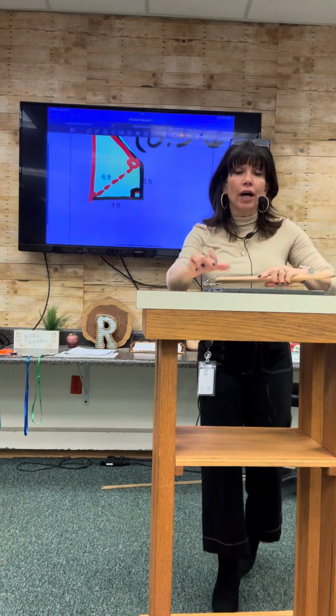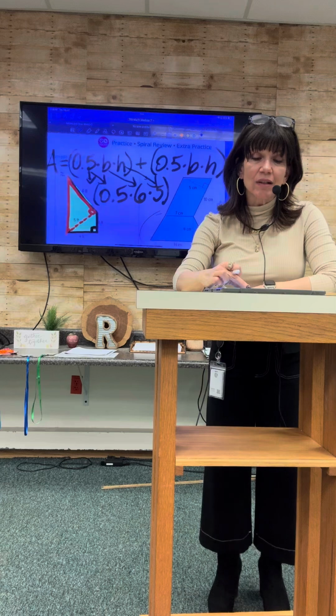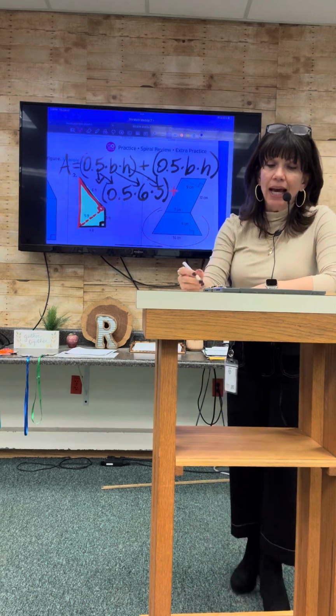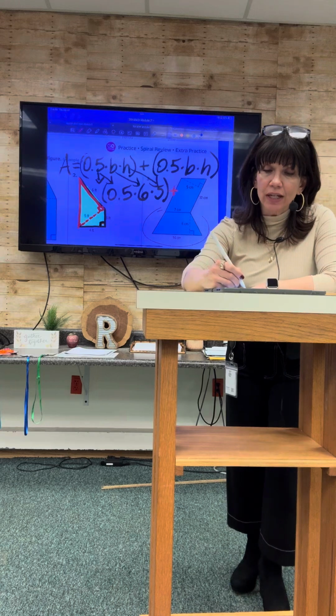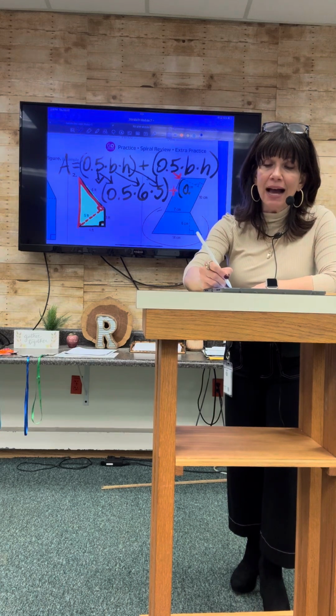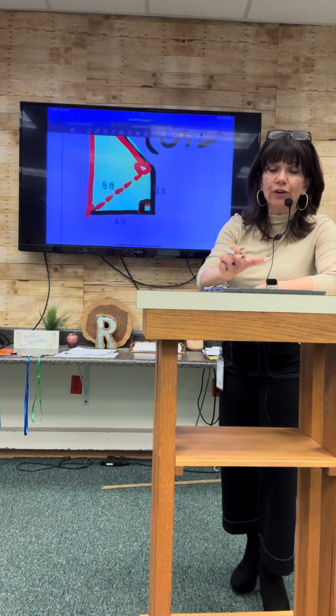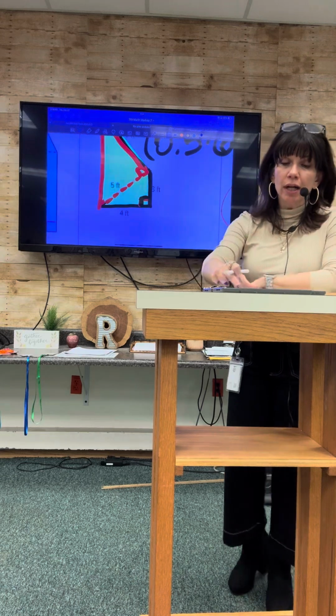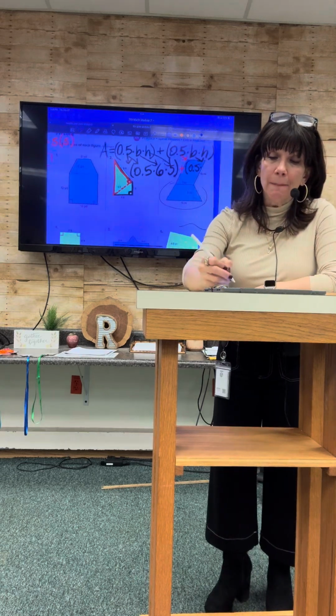Okay, so underneath, first of all, what symbol shall I copy? Say it again. Plus, thank you. And then what is the first thing to copy after that? Parentheses 0.5, multiply that times a base of, raise your hand if you know the base. 4. Guys, are you seeing where she got 4?